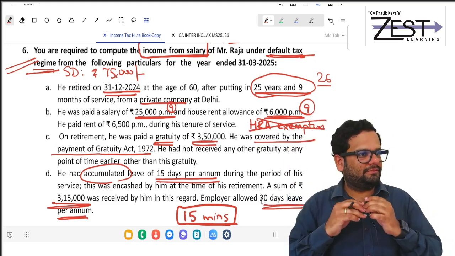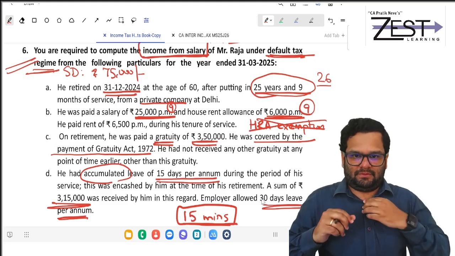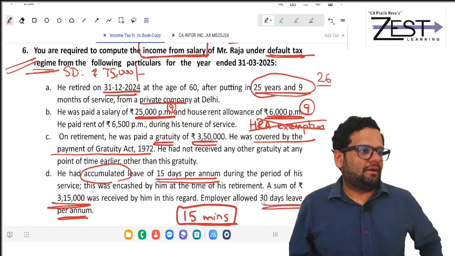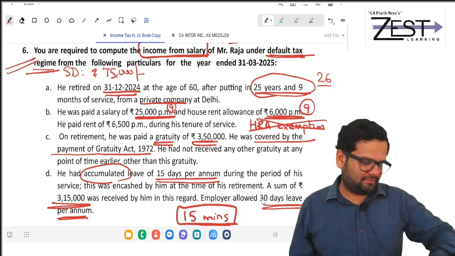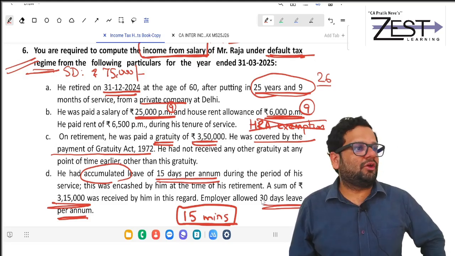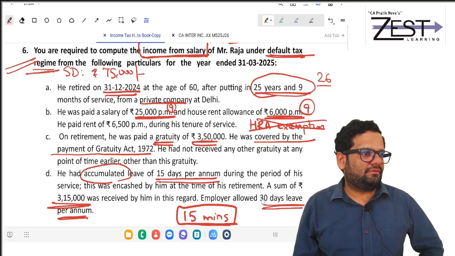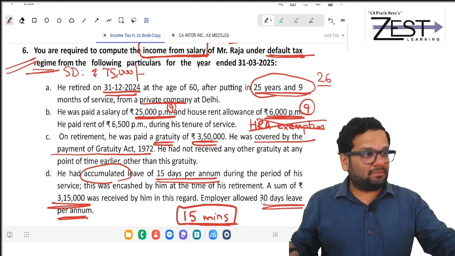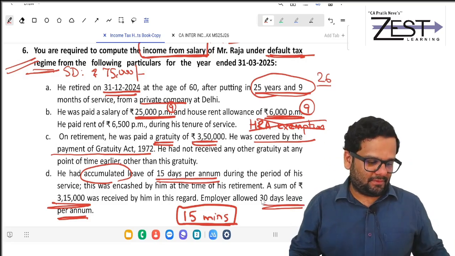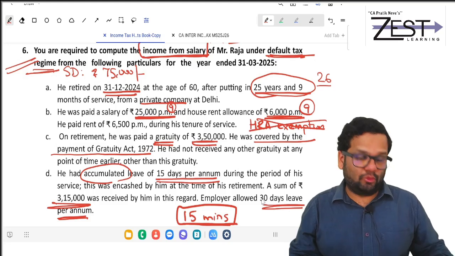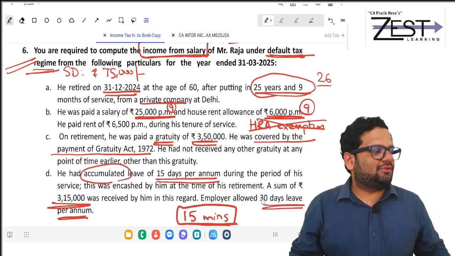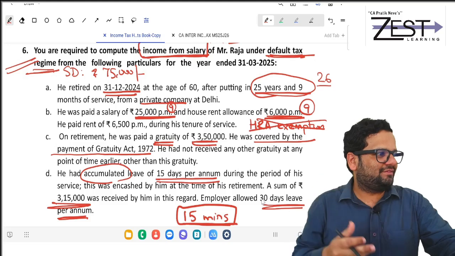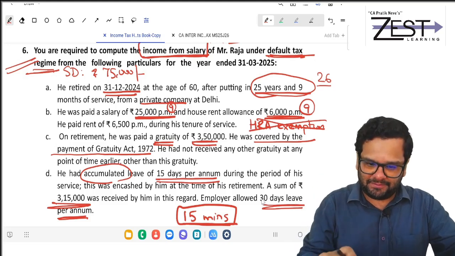Shall we solve? Friends, who has reached what percentage of the sum? 100% done? Any one of you? 75? I think it should have been done in 15 minutes. That was max time. Max means actually more than sufficient. So now it's time that I will start doing it. You then, on the way, evaluate yourself and keep on telling me what happened.